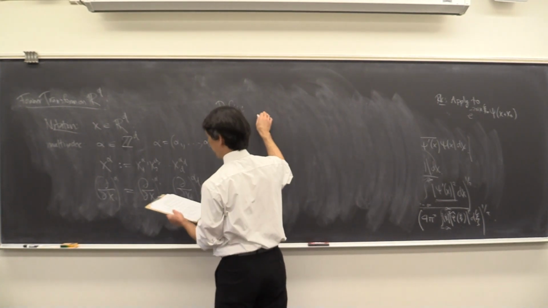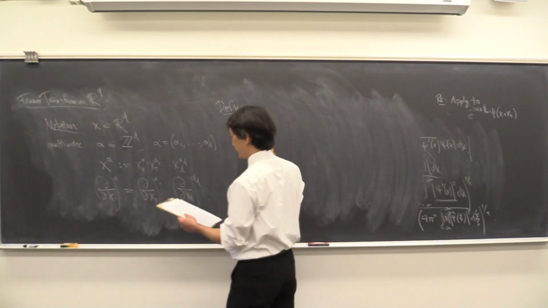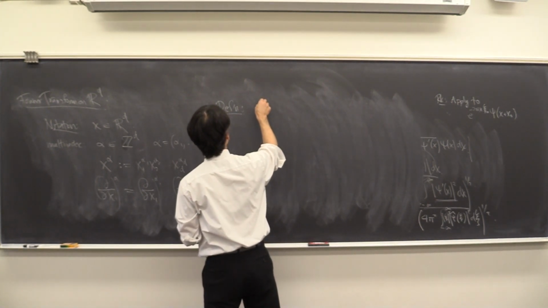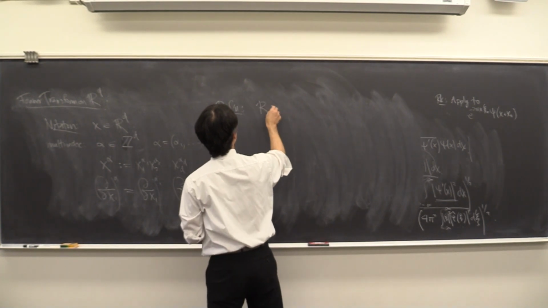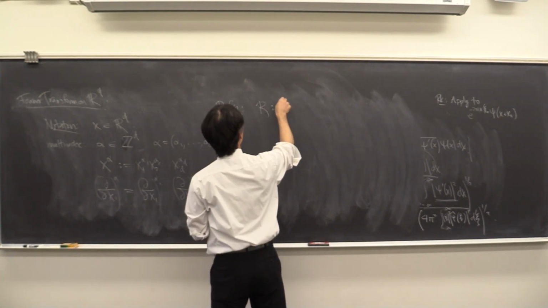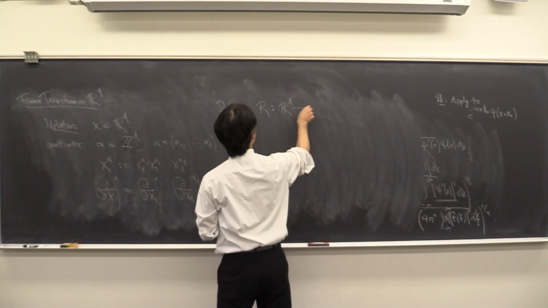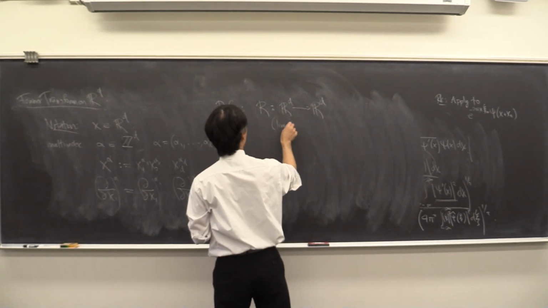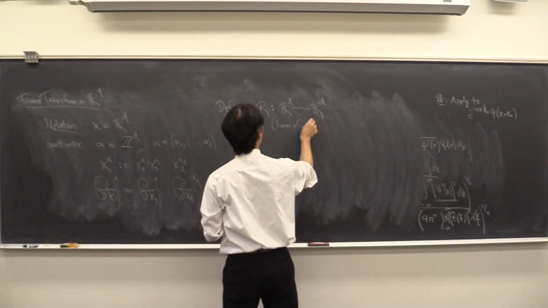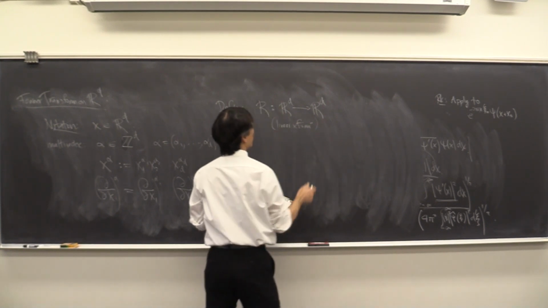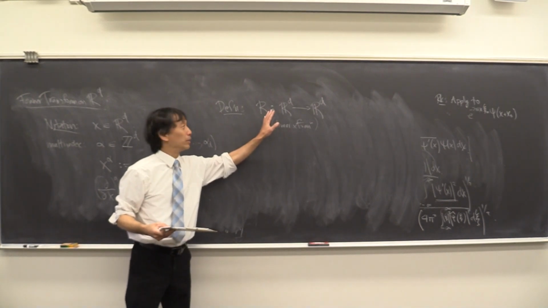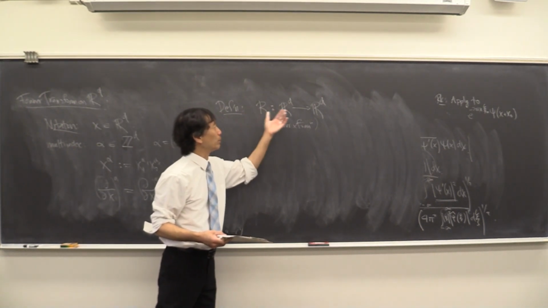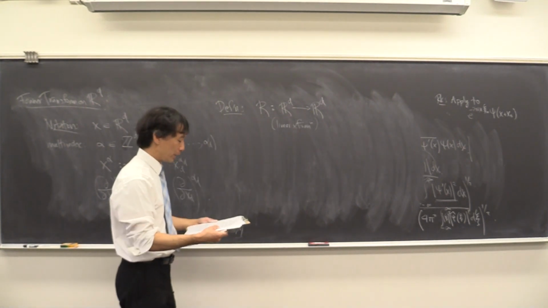One thing that's going to be important is rotations. So let's recall that if you have R, a matrix going from R^d to R^d, so a linear transformation, R is just a d by d matrix. Left multiplying gives you a map from R^d to R^d.